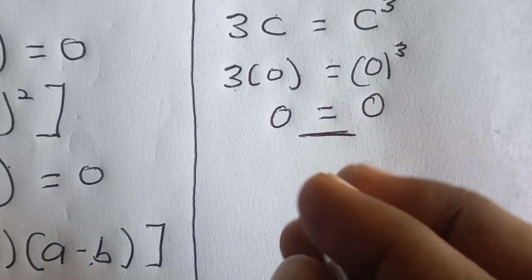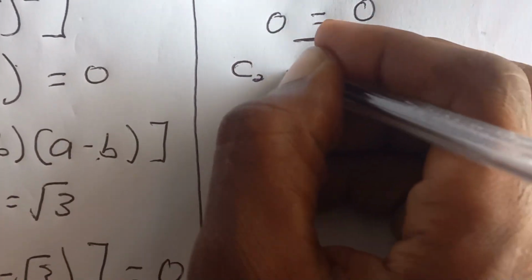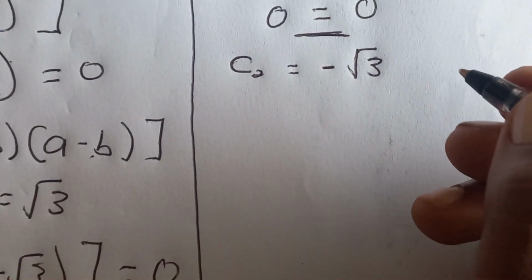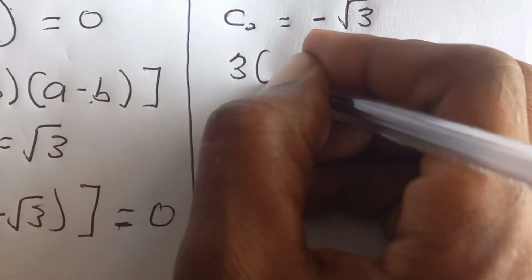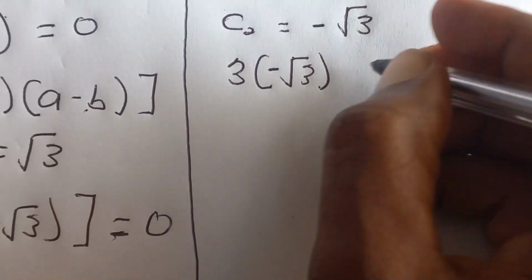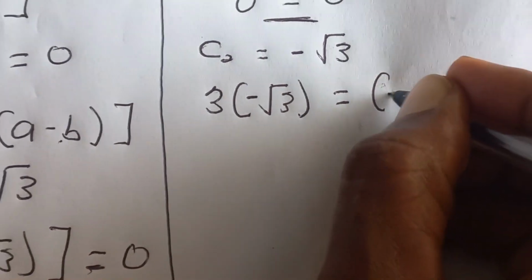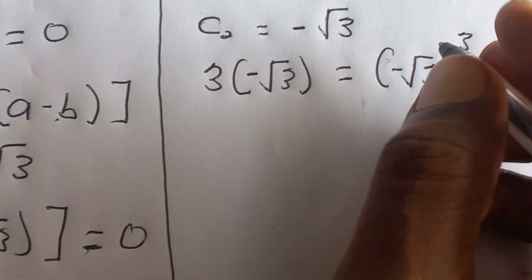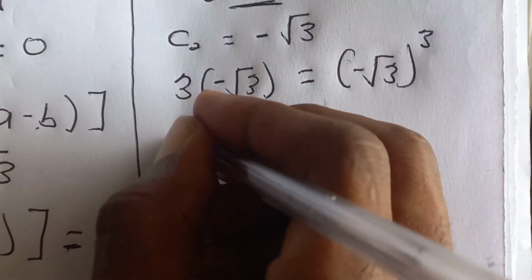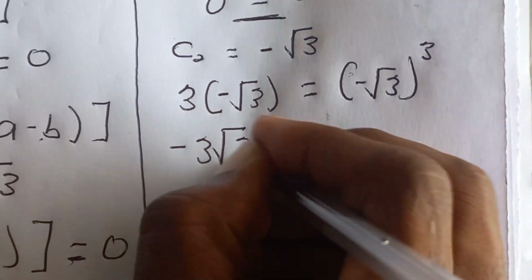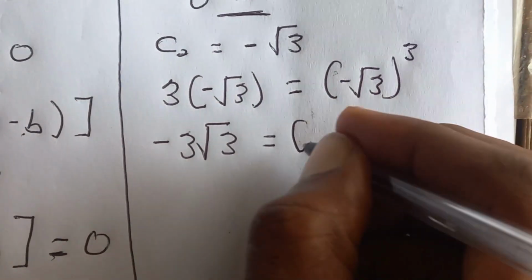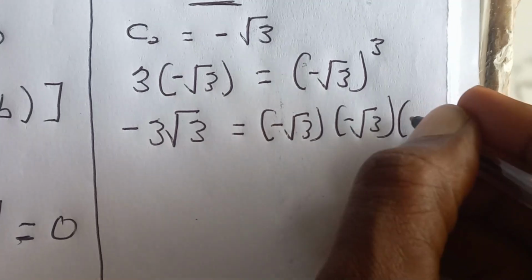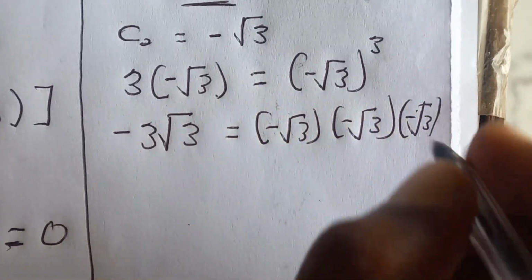Let's check for c2. So c2 is -√3. So we have 3(-√3) = (-√3)³. This gives us -3√3, which should be equal to (-√3) multiplied by (-√3) multiplied by (-√3).